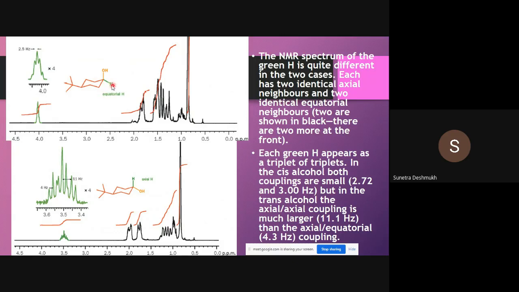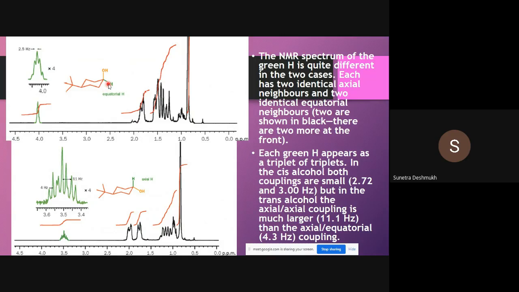This hydrogen has neighboring hydrogen atoms. Normally we look at the J3 coupling value, so we have to go for its vicinal hydrogens. This carbon atom has two axial vicinal hydrogen atoms, one present here and one present here, and it also has two equatorial vicinal hydrogen atoms.